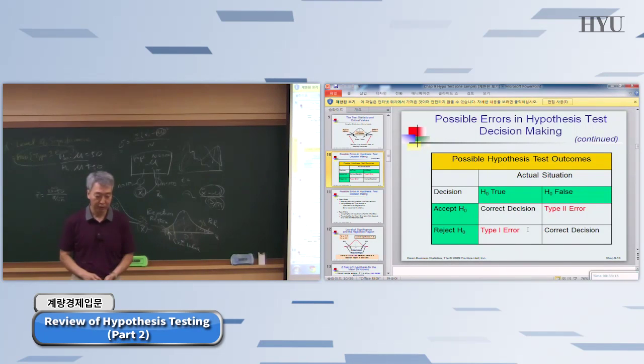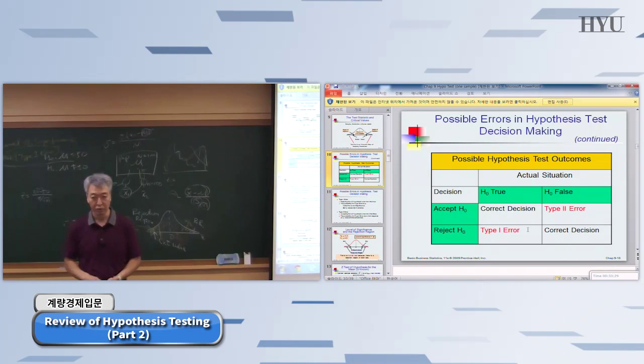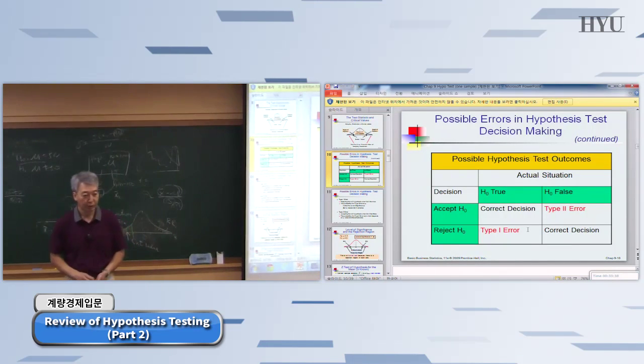So if you say accept the null hypothesis, then you are risking the possibility of type 2 error. Type 2 error is an error of accepting the null hypothesis when in fact it is not true, it is false. Well, unfortunately, there's nothing we can do. As far as type 1 error goes, we took care of it by setting up the alpha value.